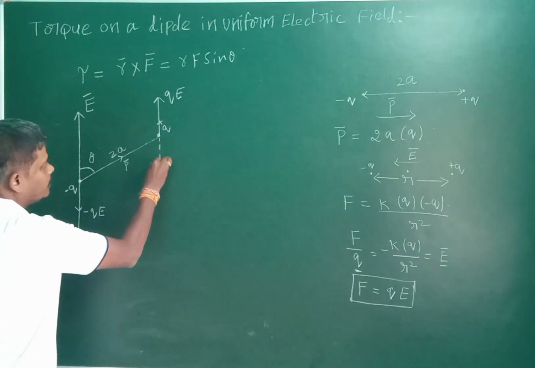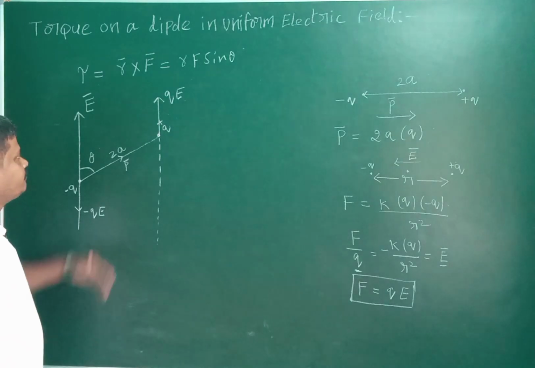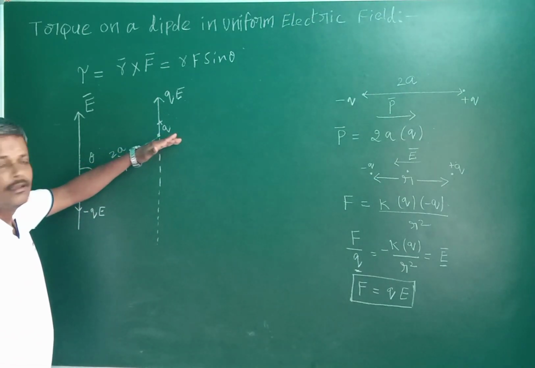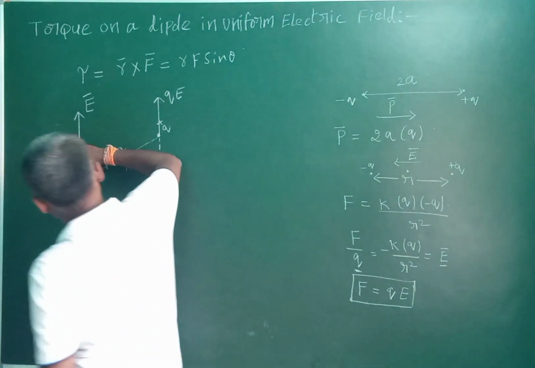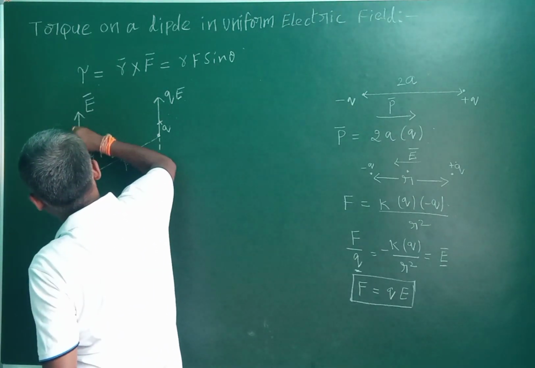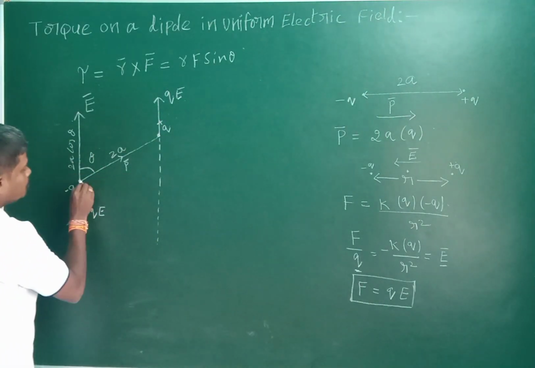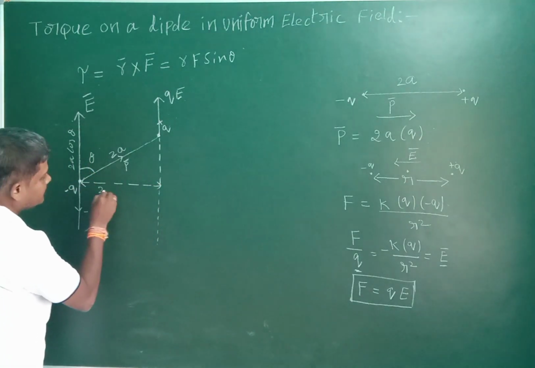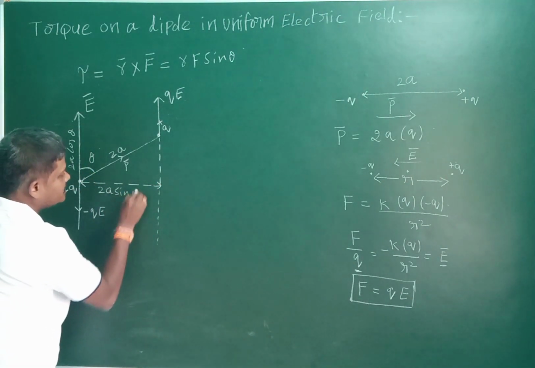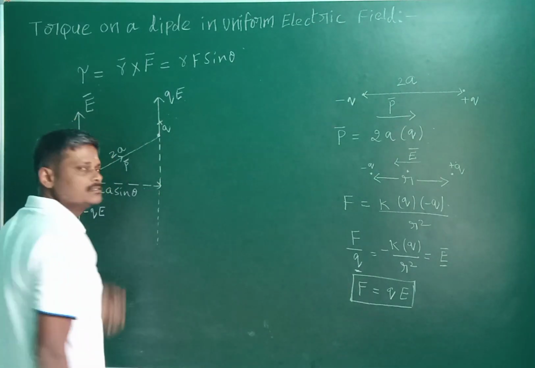If I extend this and resolve into vertical and horizontal components, if this is 2a, this component will be 2a cos theta, and this component will be 2a sin theta. Here 2a sin theta is the perpendicular distance between the forces.